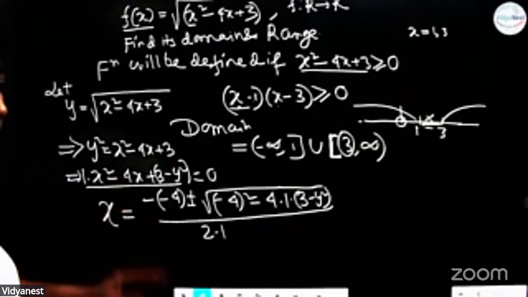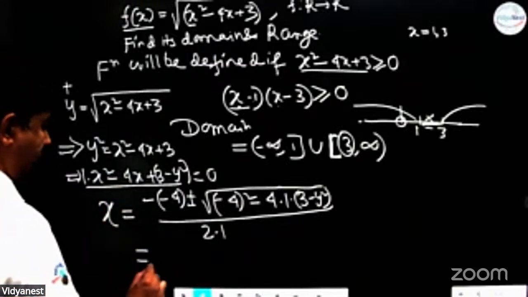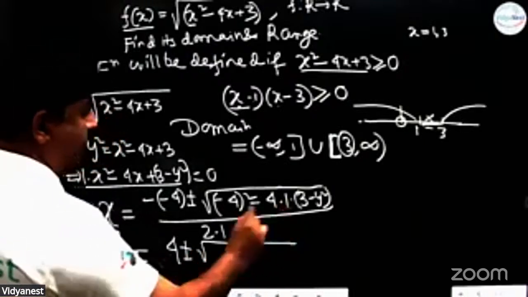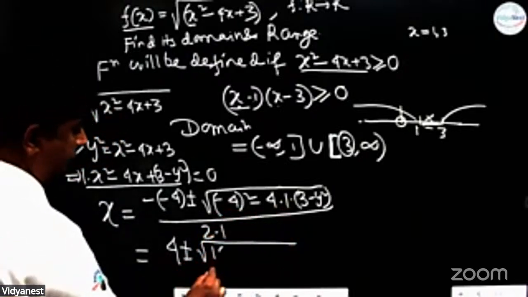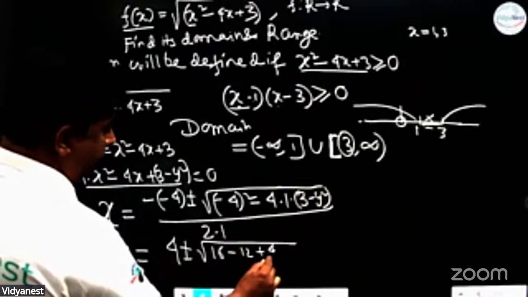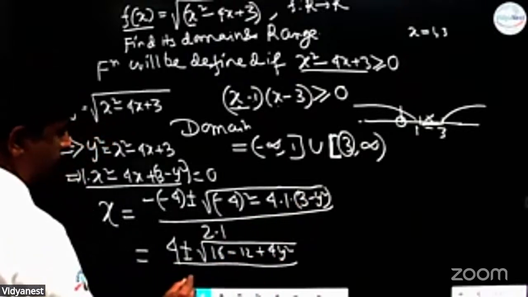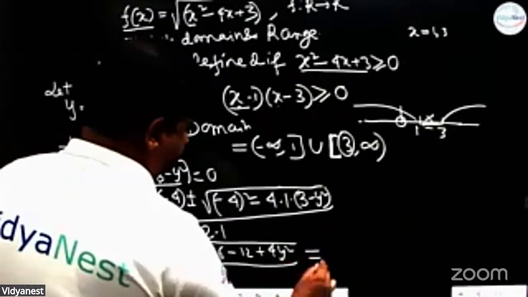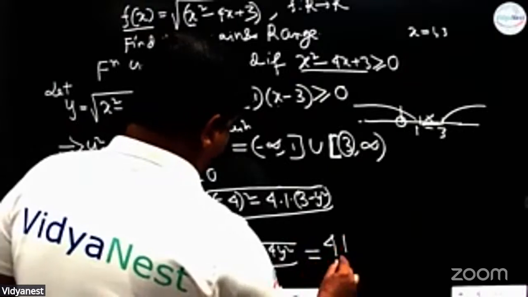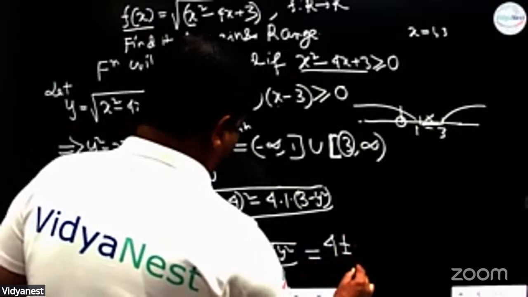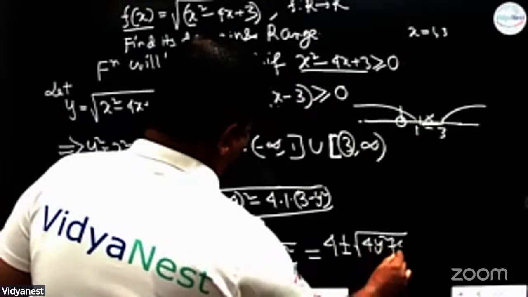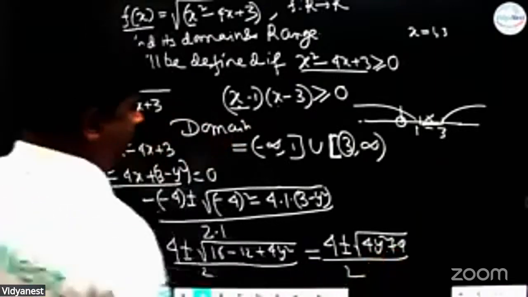Once you get this, you will get 16. Remove the inner brackets, 12, minus 4 y square, by 4.